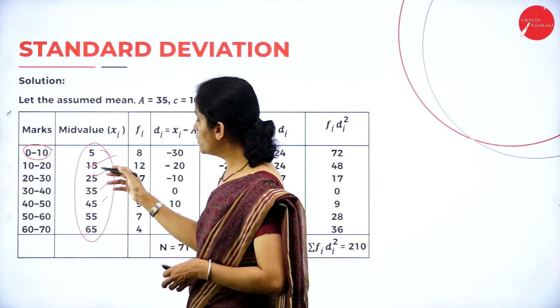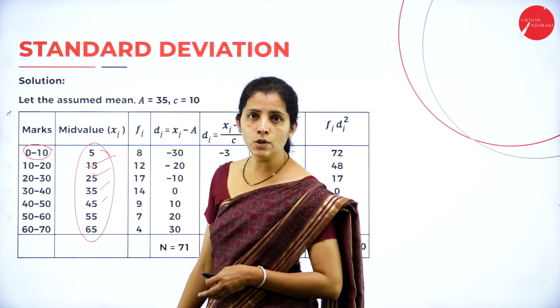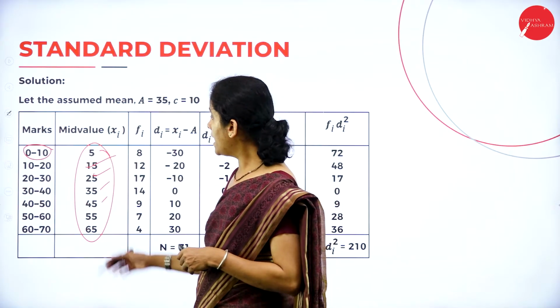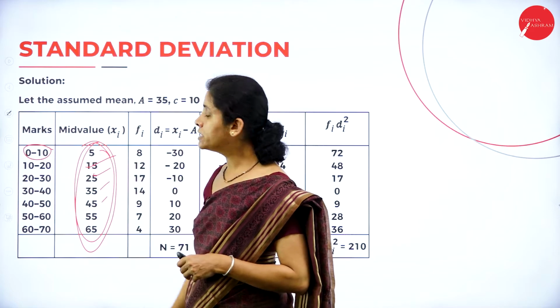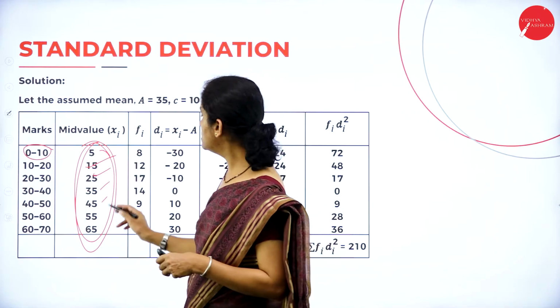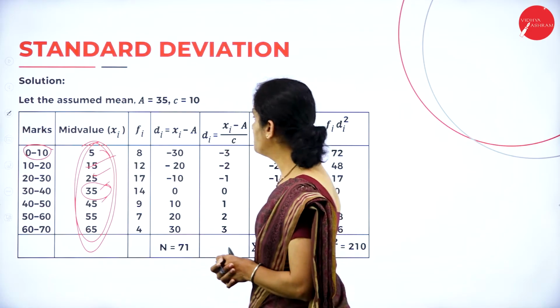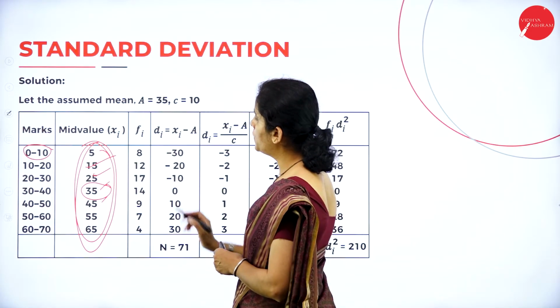So I get the middle values. In that, I want to find the assumed mean. If I consider the middle value 35, it is my assumed mean. And I have the frequency.